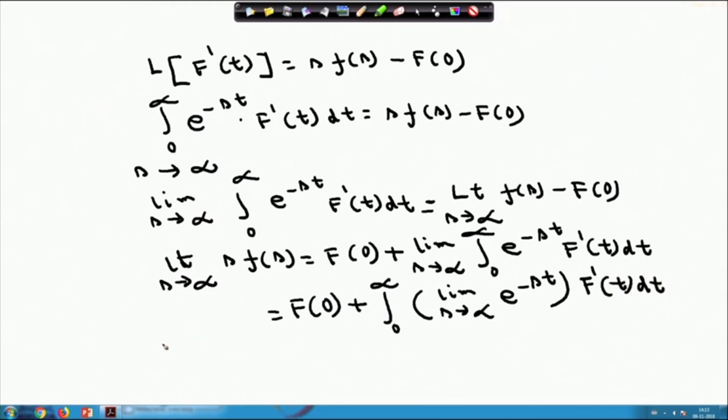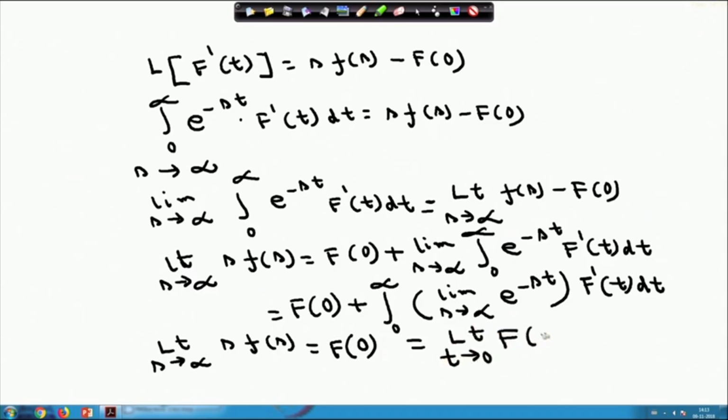So, what you are getting, limit s approaches infinity of s F(s) is equal to f(0), because this limiting value will approach 0, since limit s approaches infinity of e to the power minus s t becomes 0, and this f(0) we can write as limit t approaches 0 of f(t).